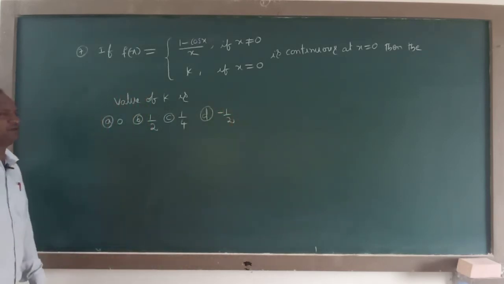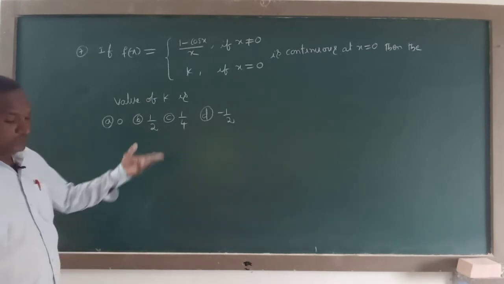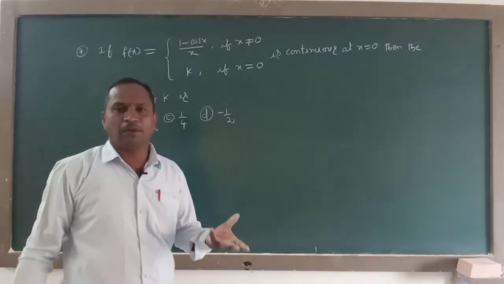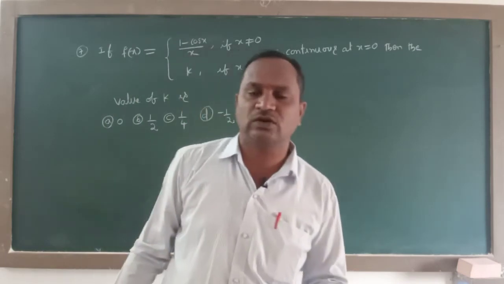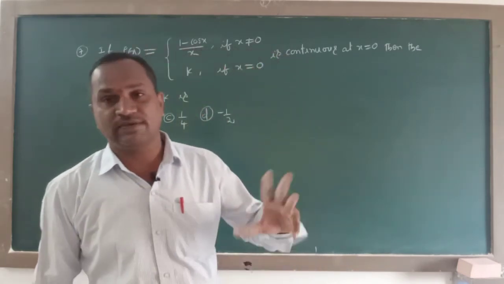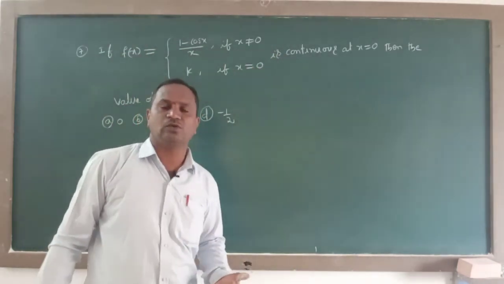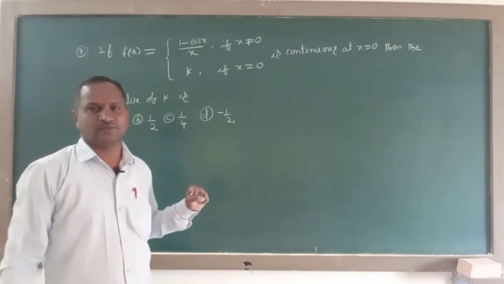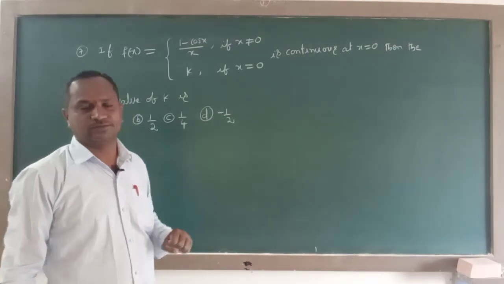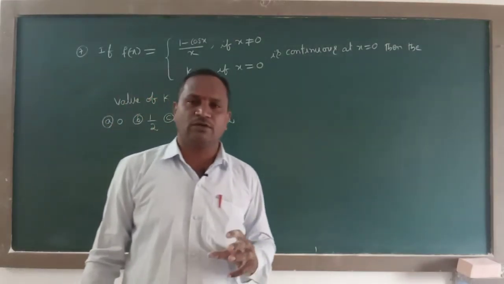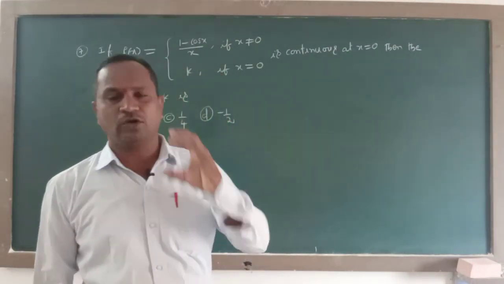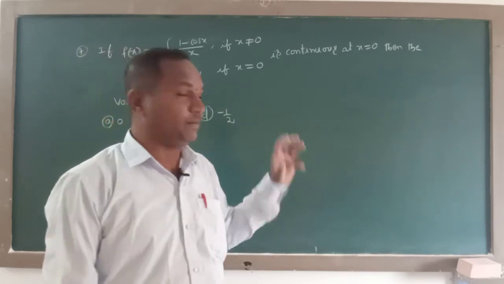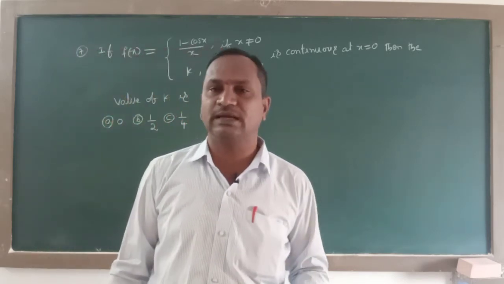Here also same, limit value is equal to function value. Here two methods are there. By applying some trigonometry formulas also we will get the same answer. Otherwise, by applying L'Hospital rule also we will get the same answer. Now let us think about that here. Better to apply LHR whenever you want to give the answer to limits in competitive level examinations.